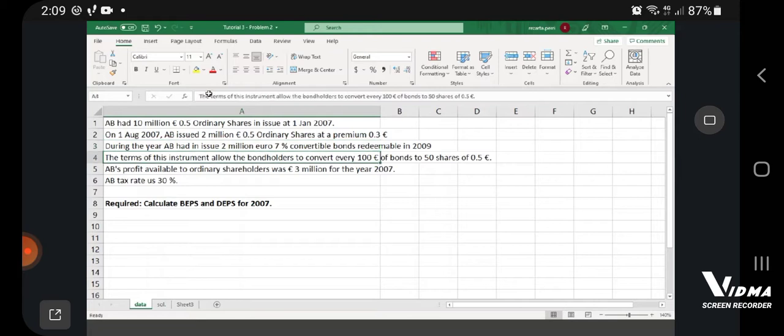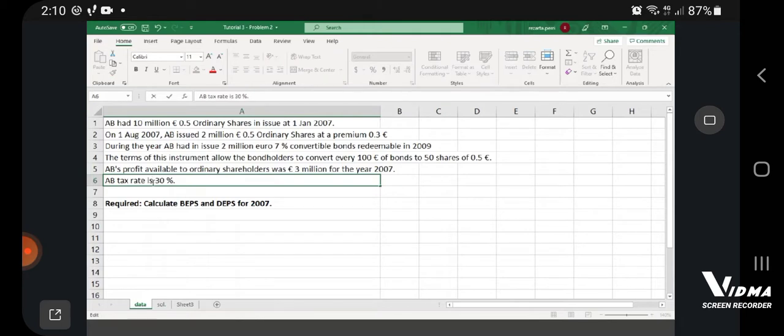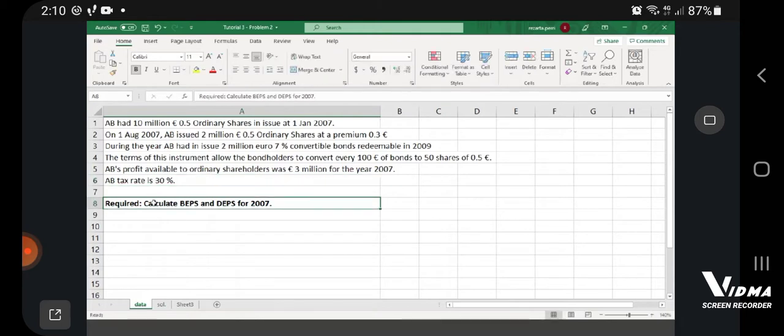The terms of this instrument allow the bondholder to convert every 100 euro of bonds to 50 shares of 0.5 euro. The profit available to ordinary shareholders was 3 million euro for the year 2007, and the tax rate is 30%. We are required to calculate the basic earnings per share and diluted earnings per share for 2007.